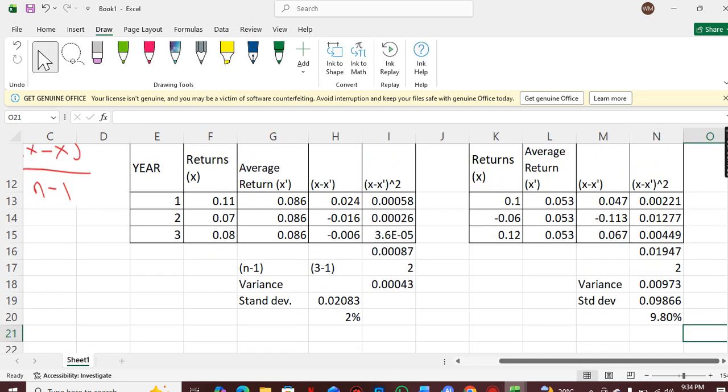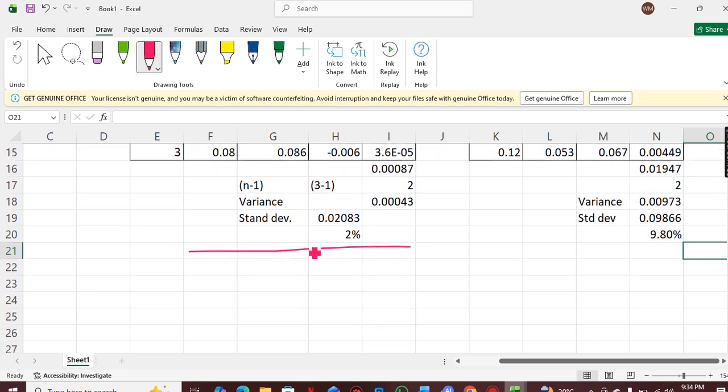For investment A, our average return was 8.6%. That's what you expect to get on average.